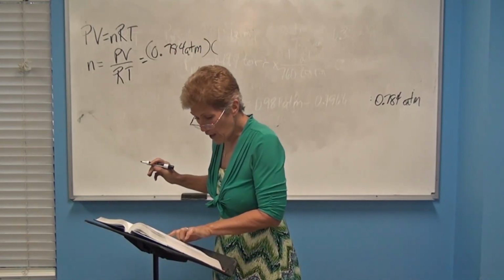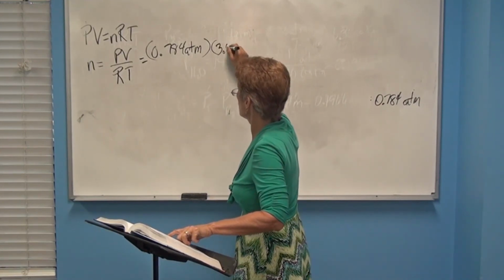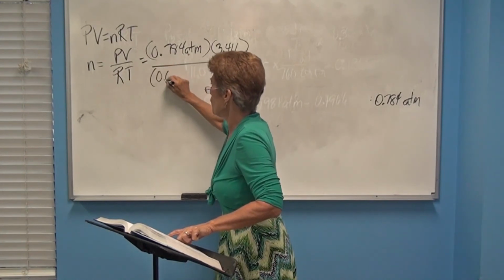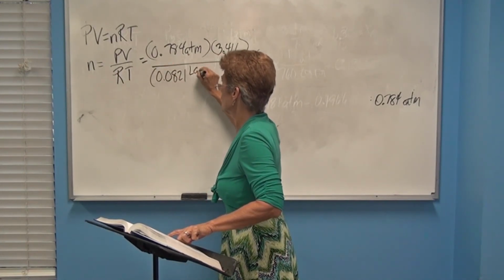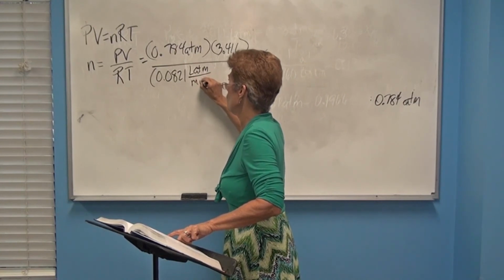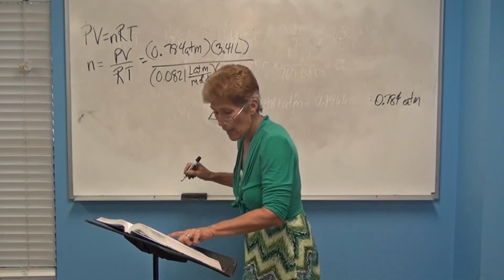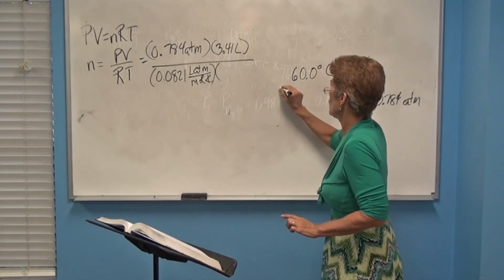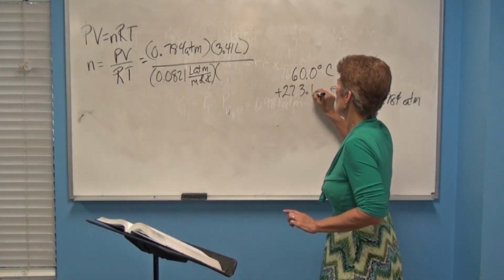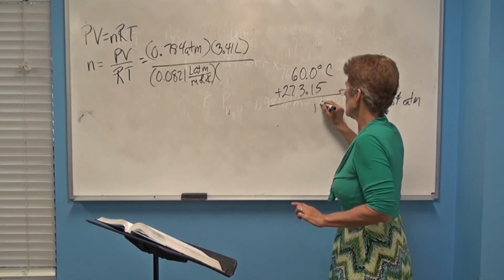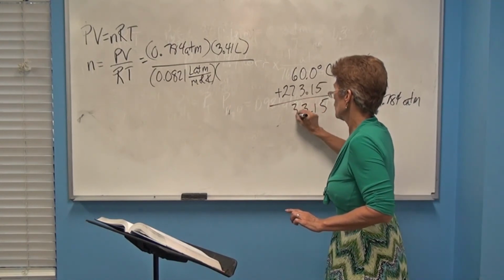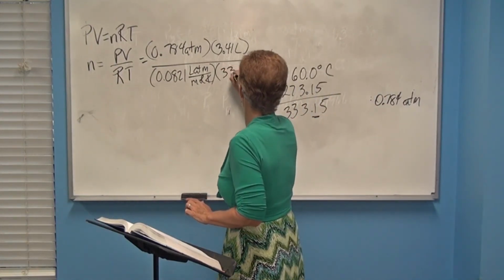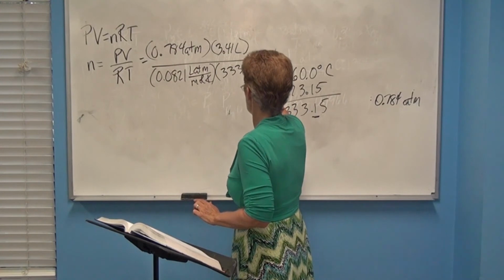We are given the volume at 3.41 liters. We know R is 0.0821 liters atmospheres per mole Kelvin. And we're given the temperature at 60 degrees Celsius, but we know we're going to add 273.15, and that's going to give 333.2 Kelvin.